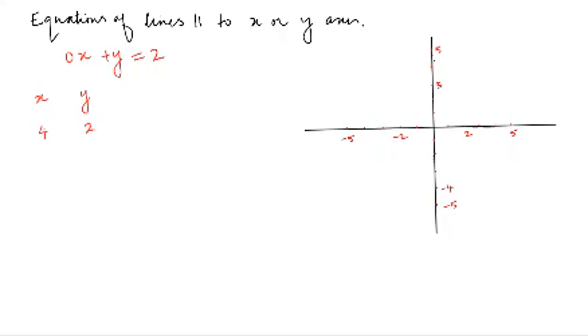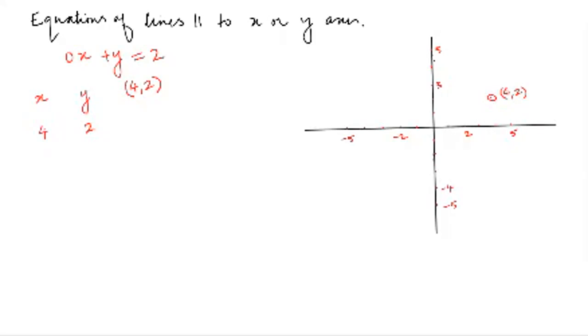Now, do 4 and 2 satisfy this equation? Yes. If I put the value of x as 4, 4 into 0 is 0, plus y is 2, is equal to 2. Alright, so 4 and 2 is one point on the line of this equation. So I'll draw 4 and 2. This is 4, and here I go 1, and here I have 2. So this is my point 4 comma 2.